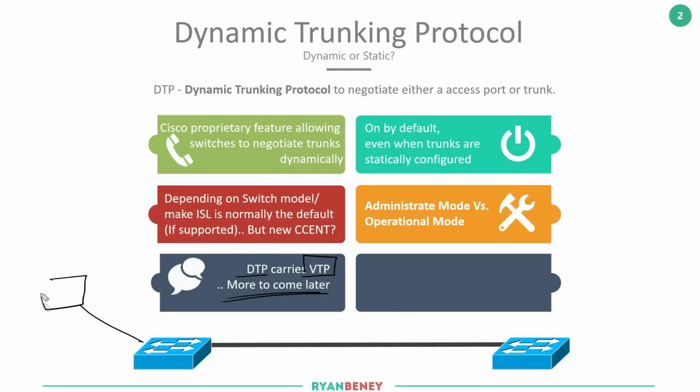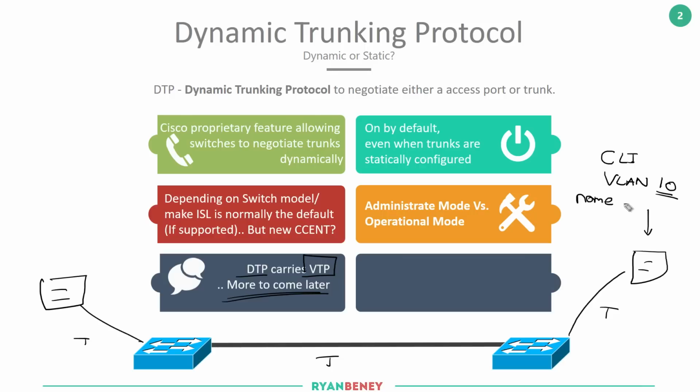Let's say we have a couple of switches, let's say all four of these switches, and they're all connected with trunks between one another. Now, in the previous video, I said that when we go on to the CLI and we create a VLAN, we go onto global config and we give it, let's say, VLAN ID 10, and maybe we give it a name of test.